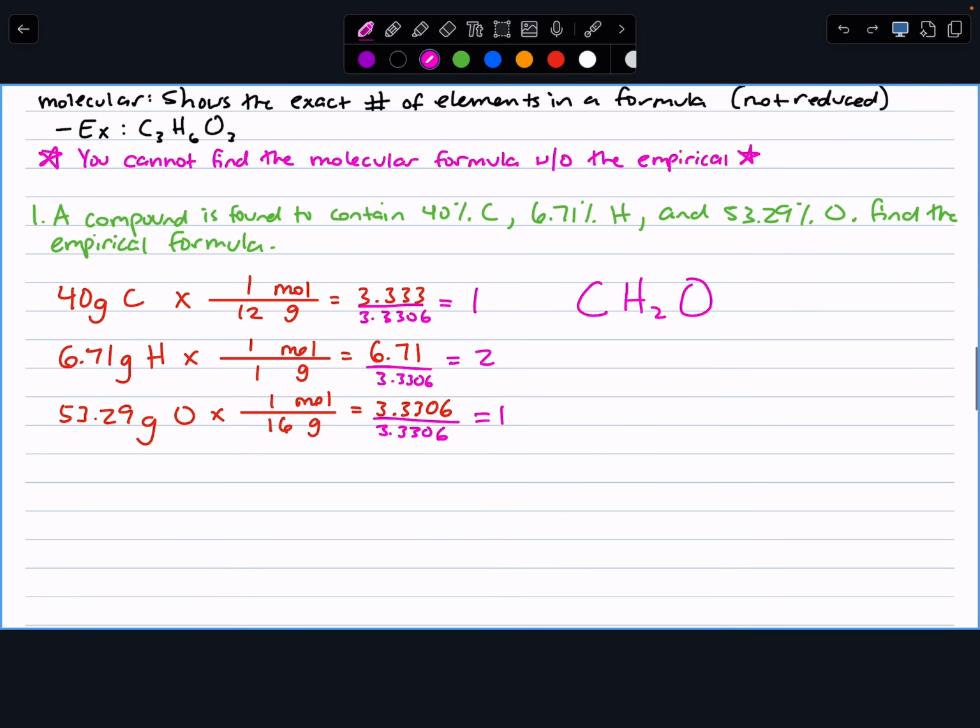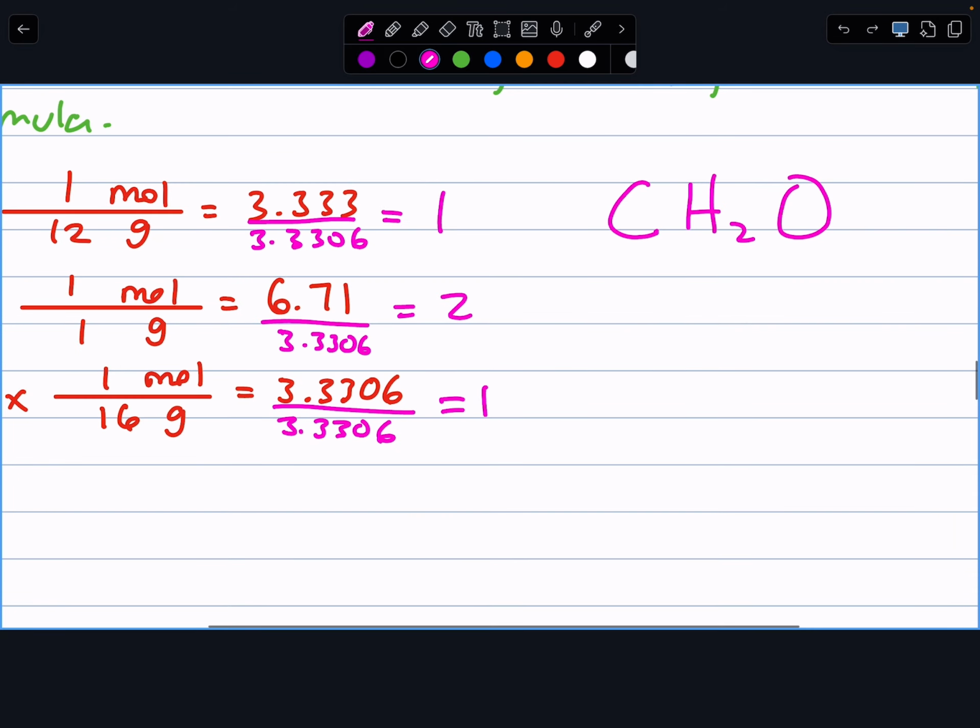You with me? Let's say that this ended up being 2.5. What do you think I would do? Times it by a number to make it whole. Don't round it. So start from the bottom. 2.5 times 1. Will that give me a whole number? No. 2.5 times 2. Will that give me a whole number? Yes, 5.